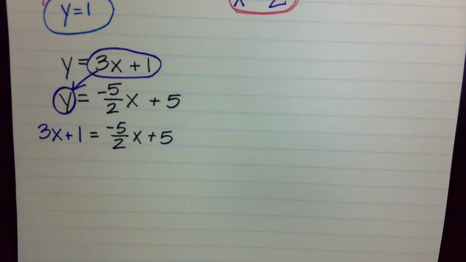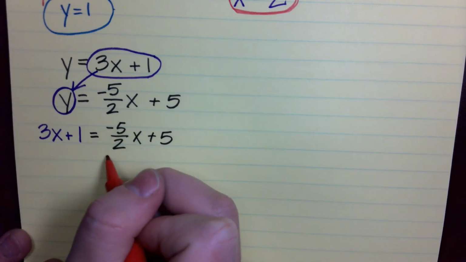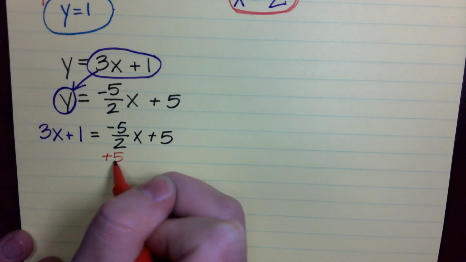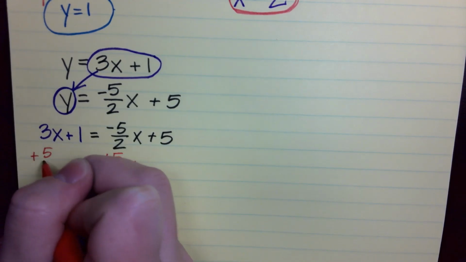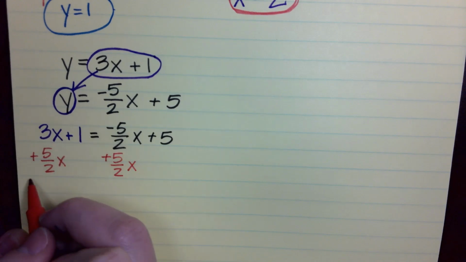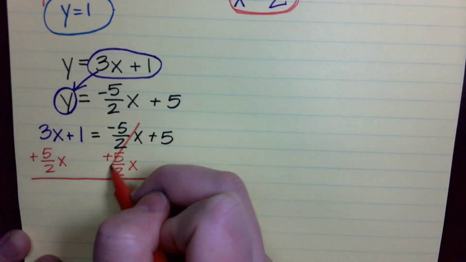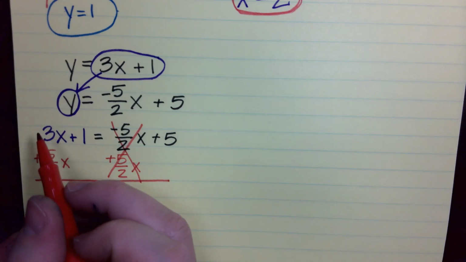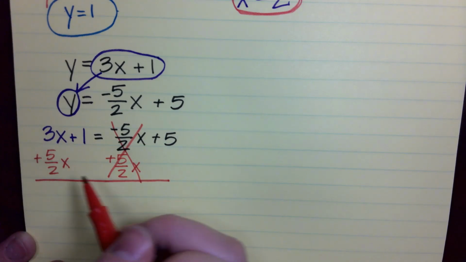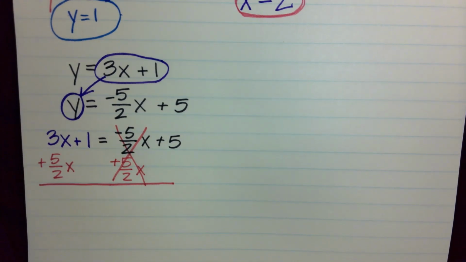Yeah, let's bring our x over. Which one? Let's get rid of -5/2x. So we'll add 5/2x to both sides. Okay, so 3 plus 5/2.